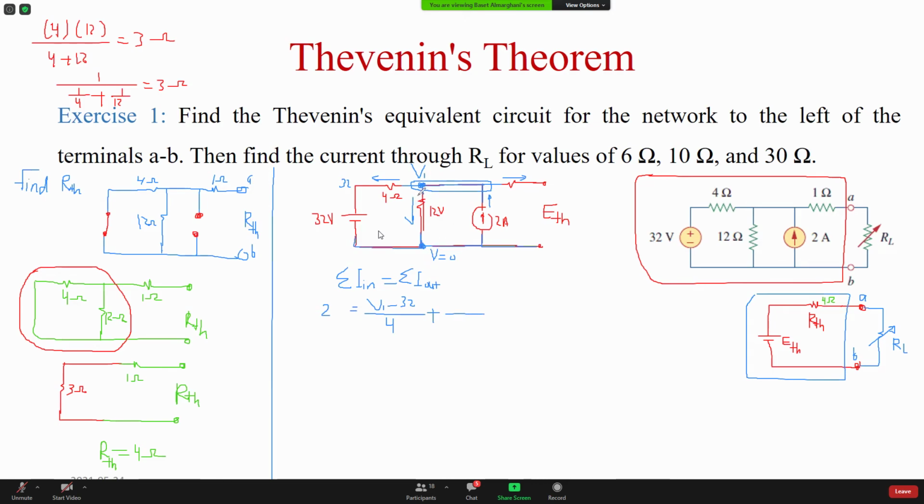So what's the voltage across? Positive here, negative here. This side is V1, this side is 0. So the difference between V1 and 0, that is the voltage across 12 ohm divided by the resistance gives me the current. Plus, this is the third current leaving. It's going to the open circuit. So what its value is 0.